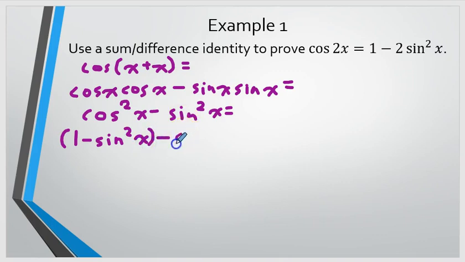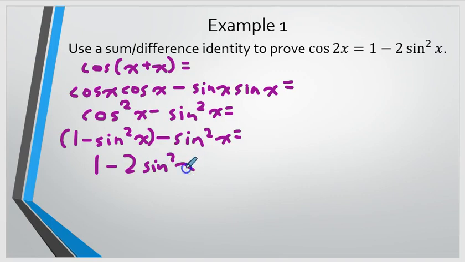I'm not changing anything here, so I still have that minus sine squared. And then negative sine squared and negative sine squared, these are actually like terms. So think of it as negative 1x minus 1 more x. So negative 1 minus 1 is negative 2. And then that concludes the proof, because now we have what we were working towards.